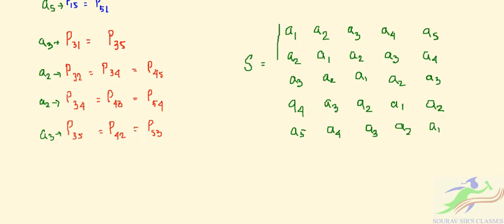Okay. So this is the 5 by 5 S matrix. Here all the diagonals are A1, and the remaining elements we have found through this.